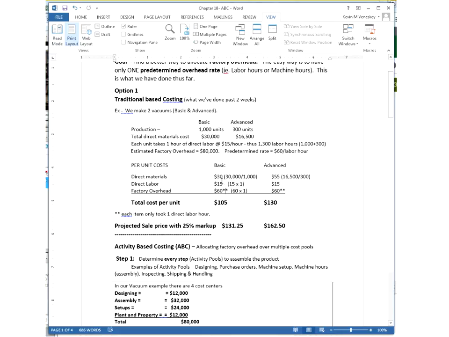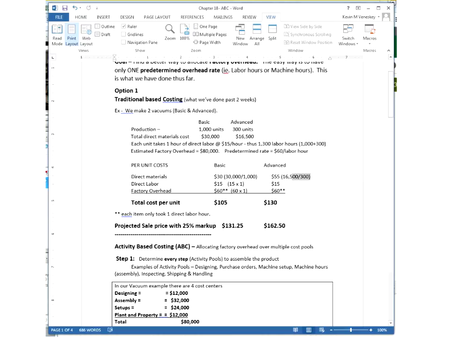And then since it was only 1 hour of labor, and I told us in our opening information, for every hour we put $60 for factory overhead. So our basic vacuum here costs us, with this allocation, $105.